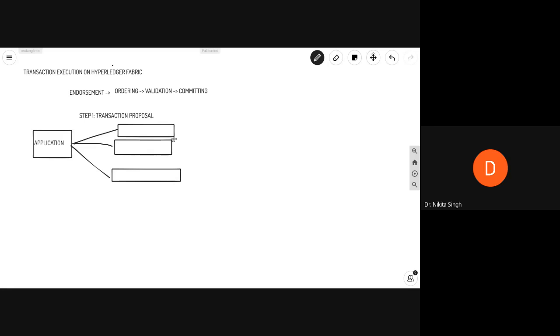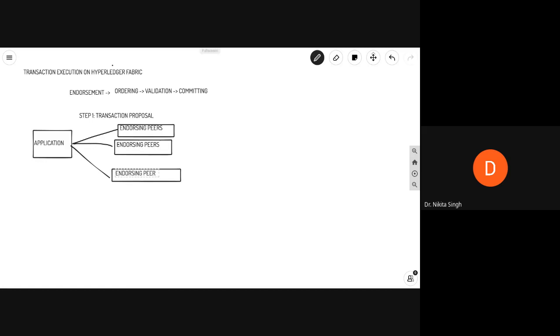And to whom would it send the transaction proposals? It would send the transaction proposals to the endorsing peers. Here we'll have an endorsing peer.